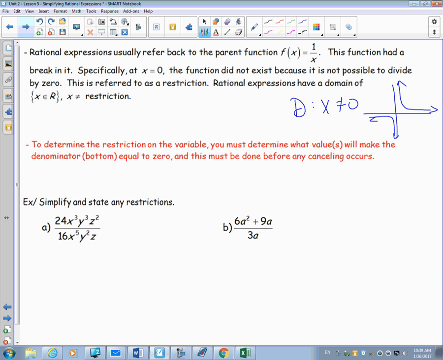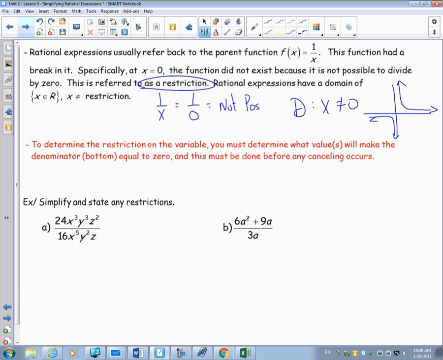So when we're dealing with rational expressions, we want to simplify them, we have to go back to this idea of at some points this function doesn't actually exist. We call this a restriction. And restrictions happen when you try to divide by 0. If I had the expression 1 over x and I put in the 0, I can't do that. This is not possible, right?